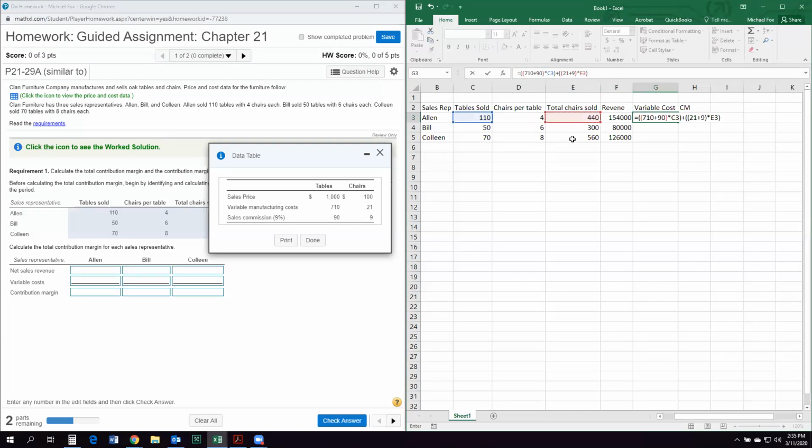So that'll be my variable costs. Again, once I have that formula in there, I can just fill that down, and that should work. Then my contribution margin is going to just be my revenue minus my variable cost.